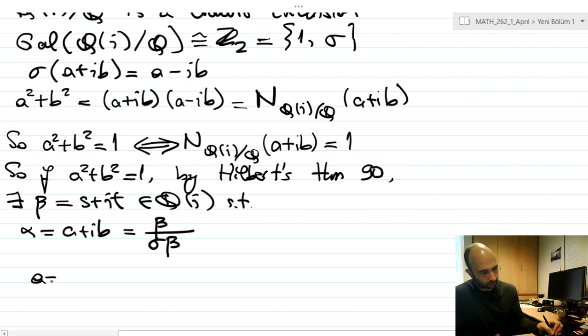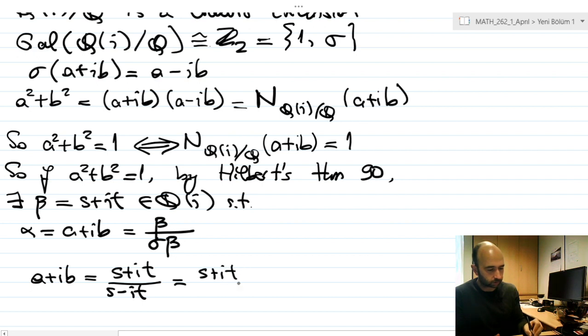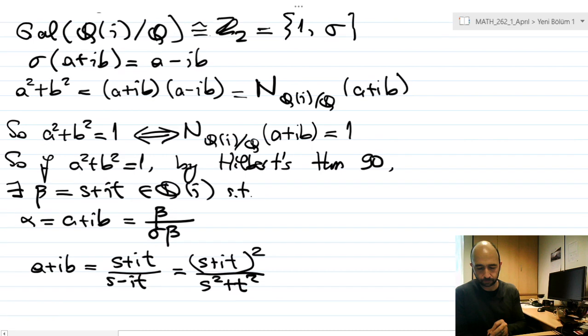So a plus ib equals s plus it over s minus it. But then, multiply with the conjugate once again. This is going to give you s squared plus t squared down here if you multiply and divide by s plus it.